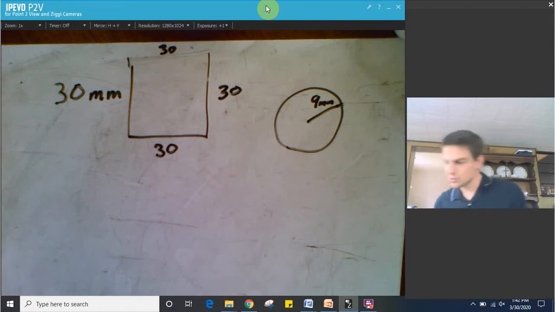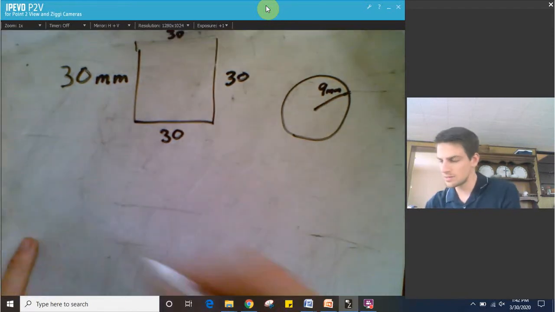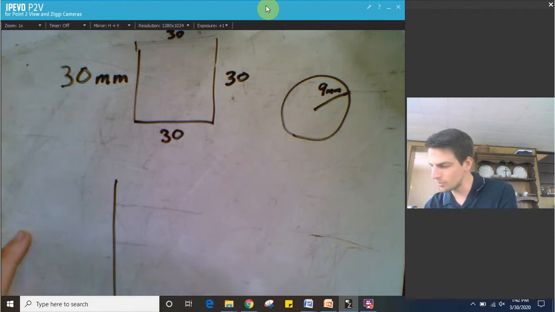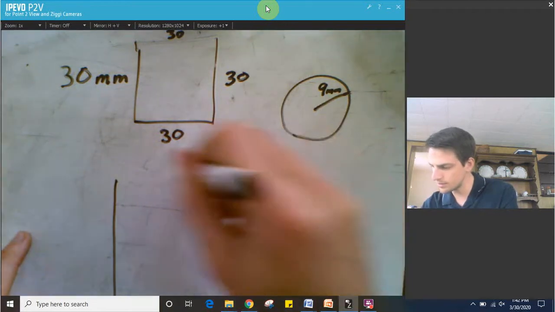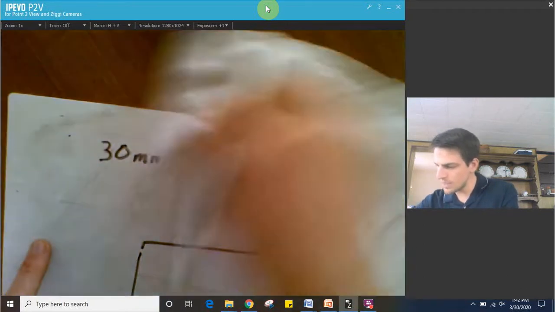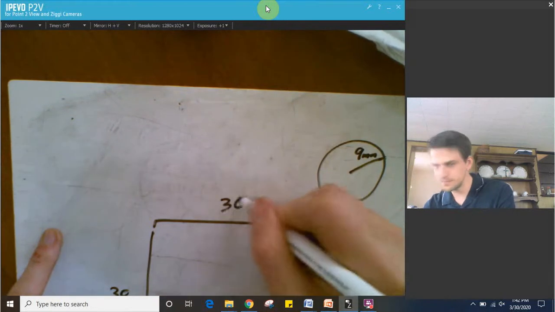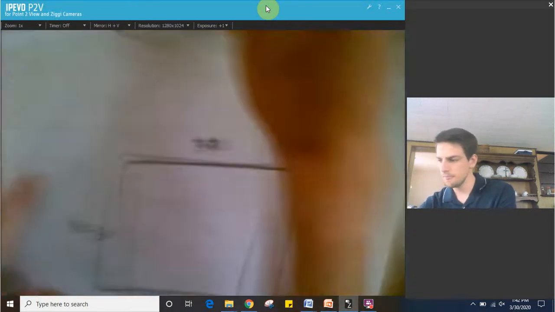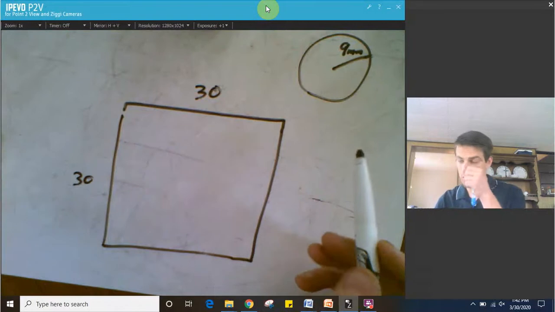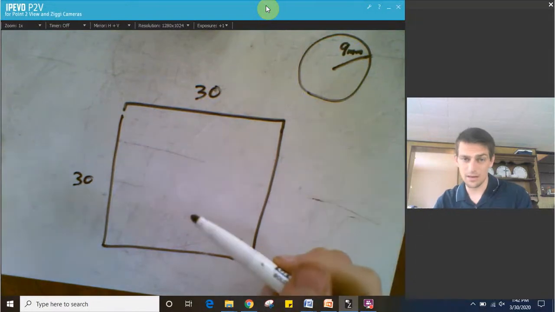So let's draw the square that the coin lands in. I have it drawn above, but I'm going to draw it bigger down here so we have more room to work. Each of the sides of this is going to be 30 millimeters, and we're going to have our coin with a radius of 9 millimeters landing in here somewhere.